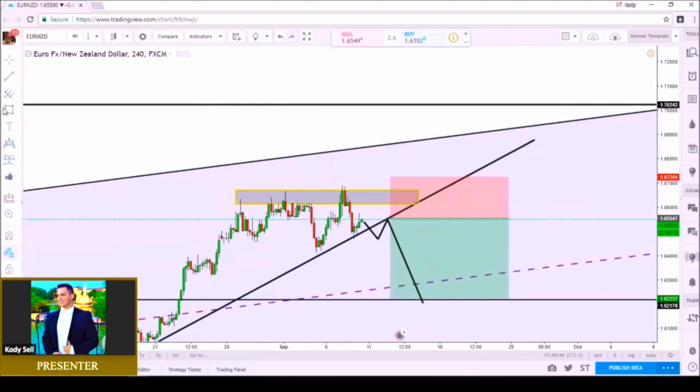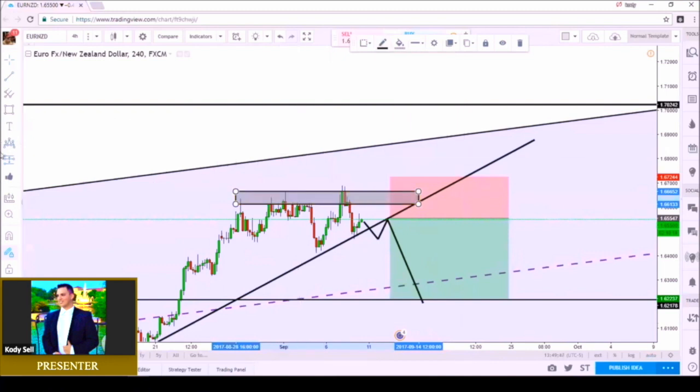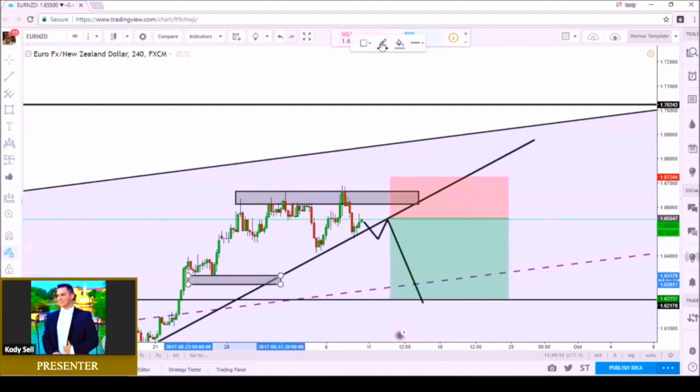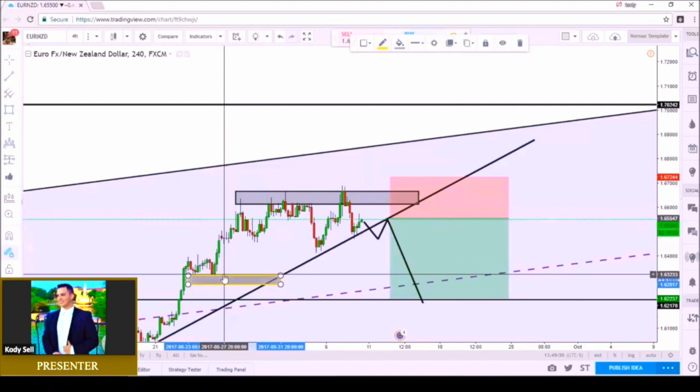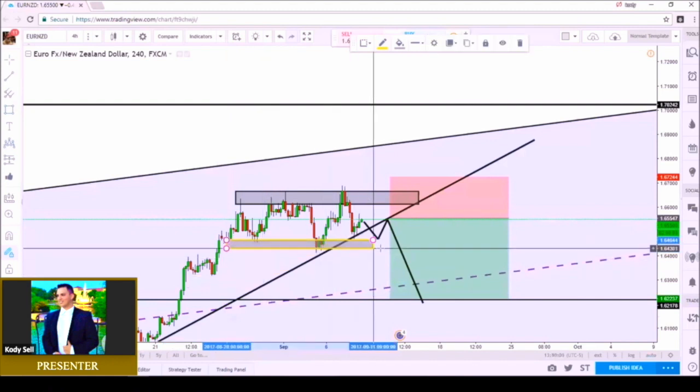If you guys are following structure here, let me go ahead and change this to my traditional black for support and resistance, and I'll show you guys structure. So structure was here, and then she moved up to here, and then she's been here this whole time.